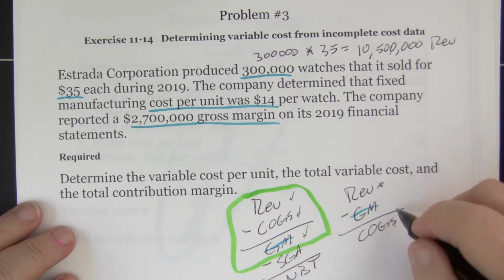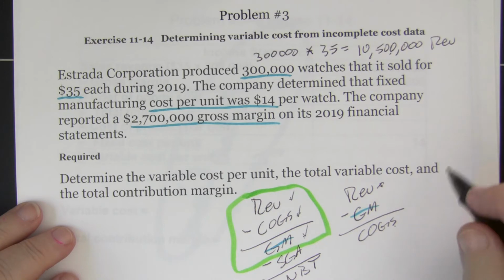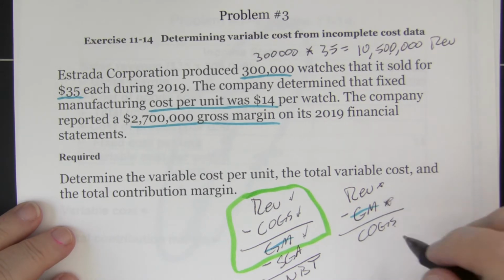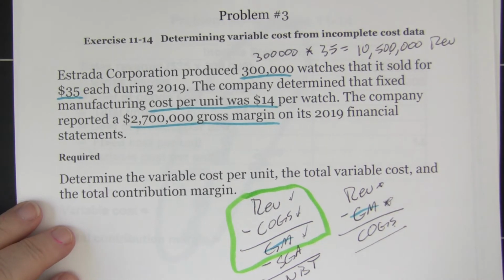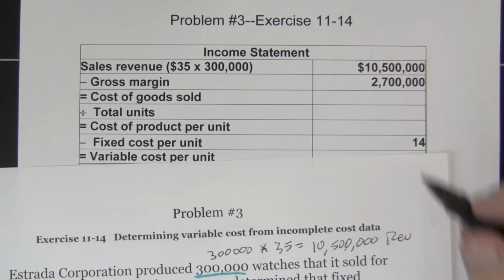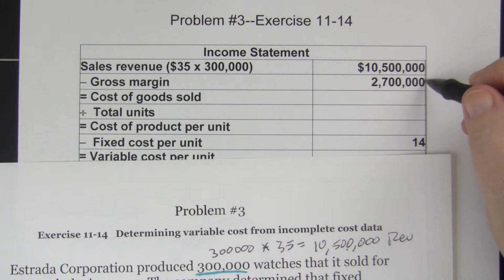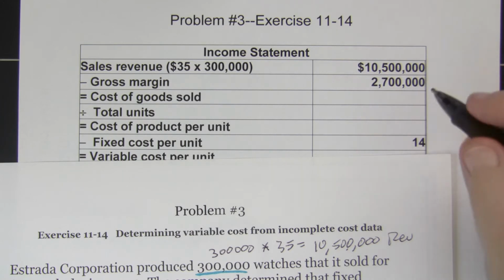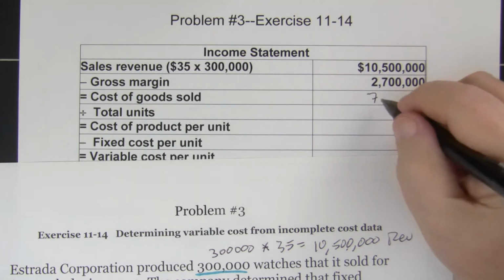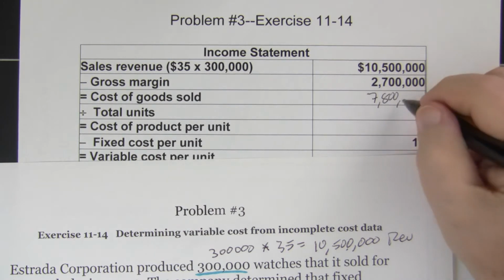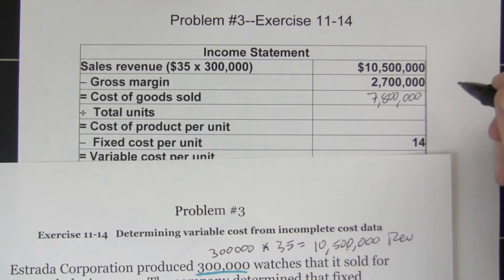So we have this piece, and we have this piece. So all we need to do is subtract them. So revenue minus the gross margin gives us cost of goods sold of $7,800,000.